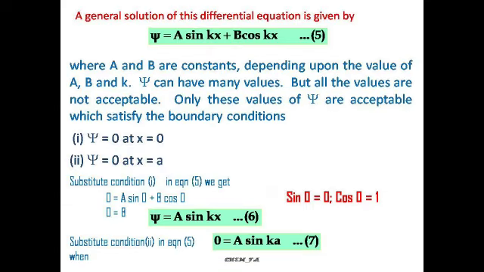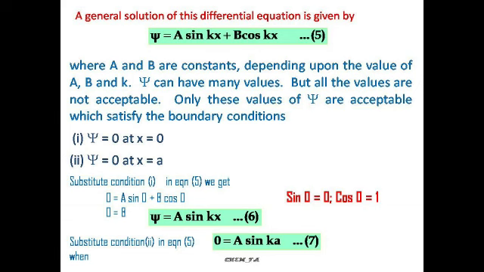So when we solve this equation using the boundary conditions, first, ψ is equal to 0 at x equal to 0, and the second, ψ is equal to 0 at x equal to a, it means at the walls there is no wave nature. So the general solution is ψ = A sin kx + B cos kx.